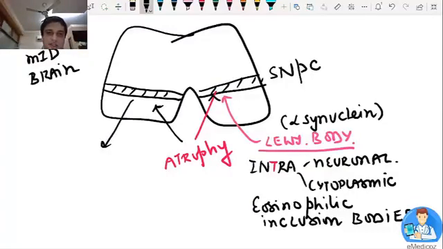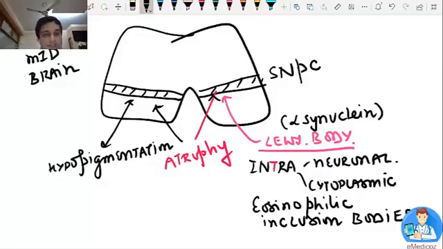This area, the substantia nigra, which was more pigmented, will become hypopigmented. So neurodegeneration causes hypopigmentation in this zone. Compared to the normal side, it becomes more hypopigmented, or less pigmented, sorry.